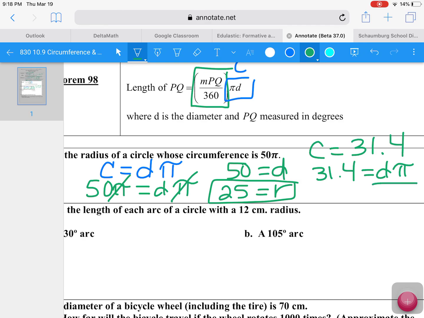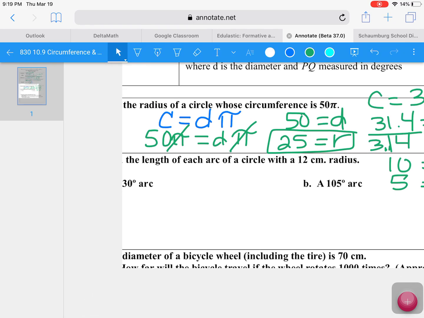So what I would end up doing is dividing that side by 3.14. That would get rid of pi. And if I divide 31.4 by 3.14, that's going to give me 10. So if the diameter is 10, the radius is 5.